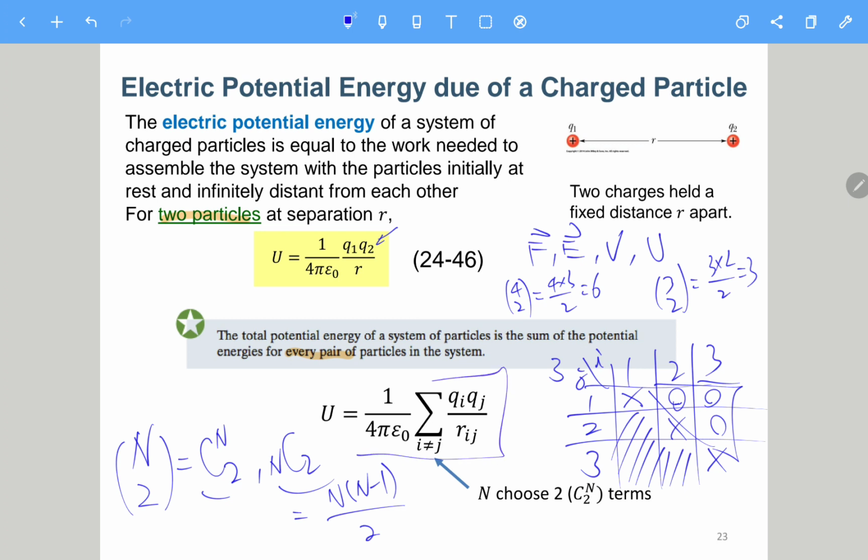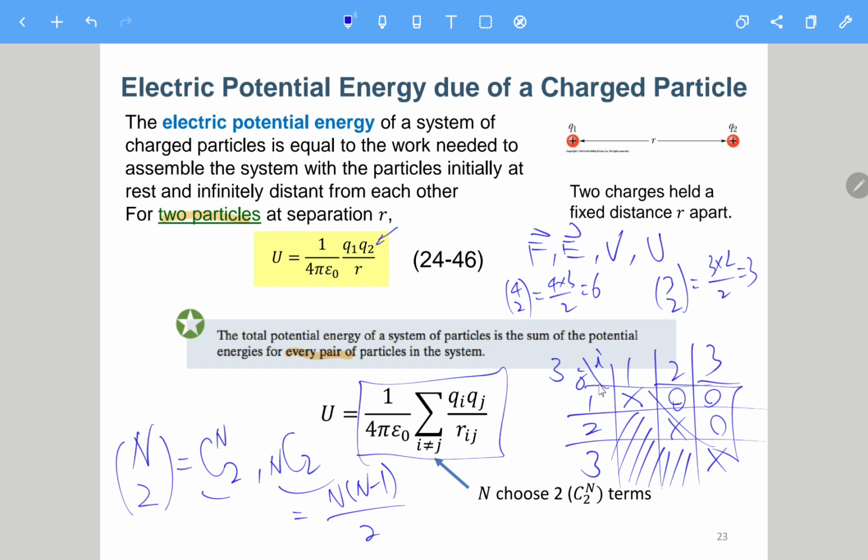This looks horrible, but actually you can just count it like this. Usually in the exam, it won't be too large a number, maybe 3 or 4 is the maximum. So even for 4, there are at most 6 terms. This sigma means i is not equal to j. You go through i from 1 to n, j from 1 to n, but i cannot be j.